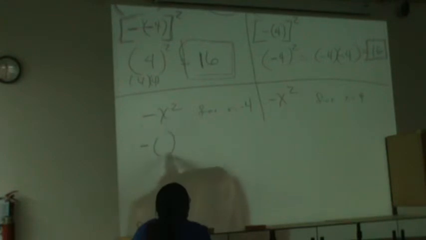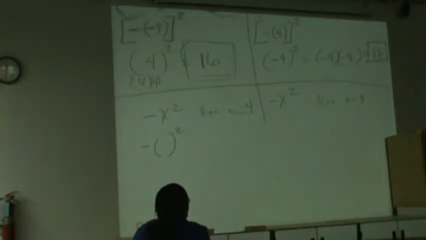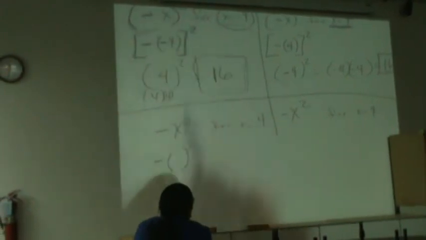Okay, so this one, the x is here. We're going to replace this x with the number. See the difference here? The x in here got squared. The negative part got taken care of, and that got squared.